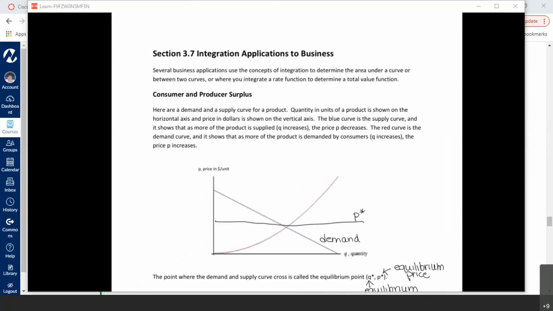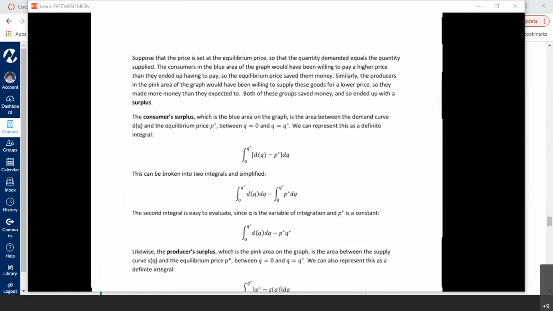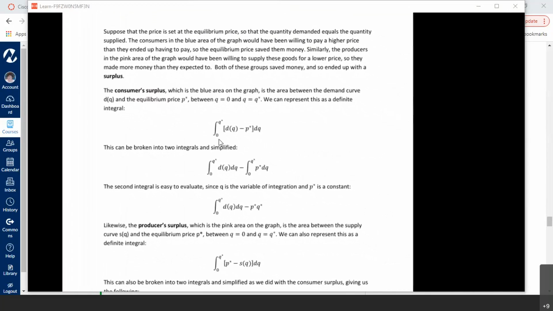I want to find this area. If I take a look at my integral, you can see my upper curve is the demand curve. My lower curve is P star, which is just a horizontal line. So here's what I'm doing: here's my upper curve minus my lower curve.